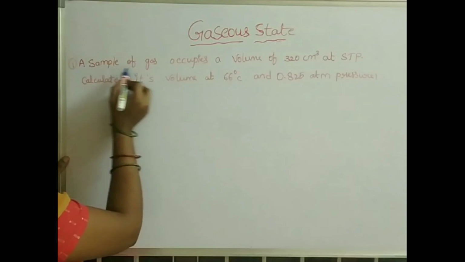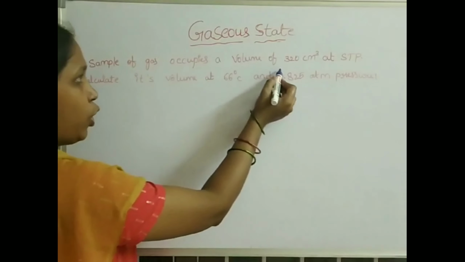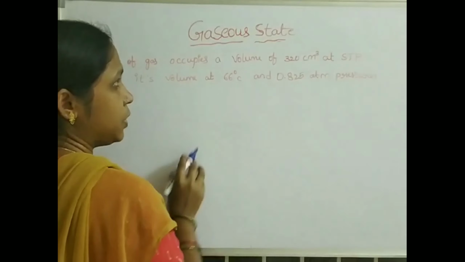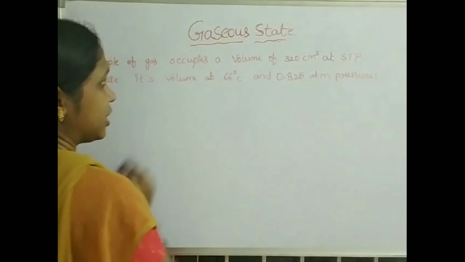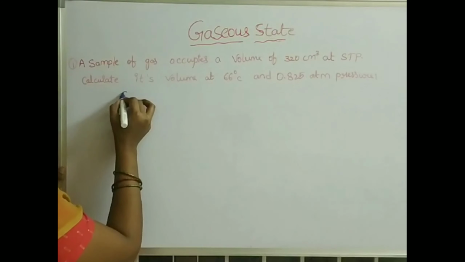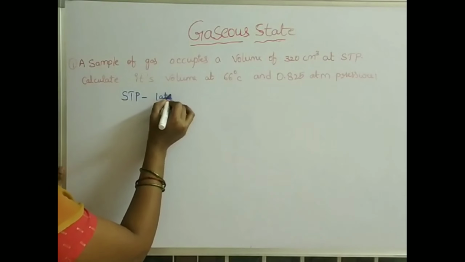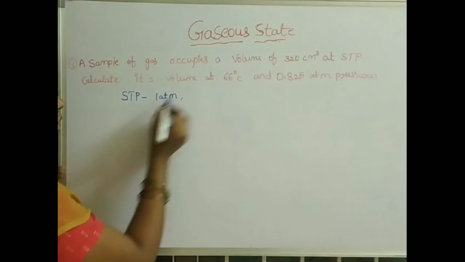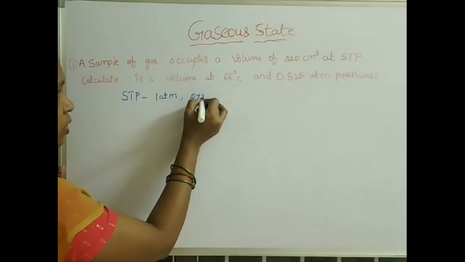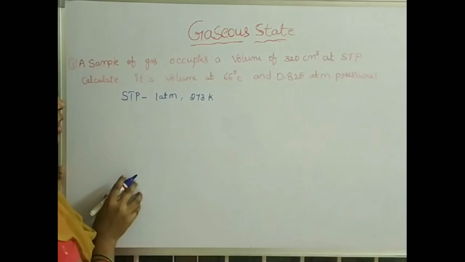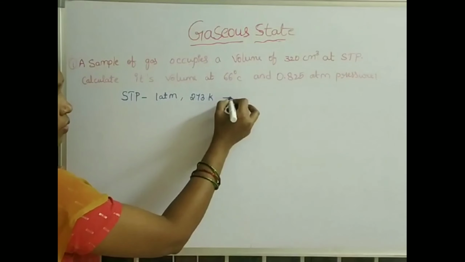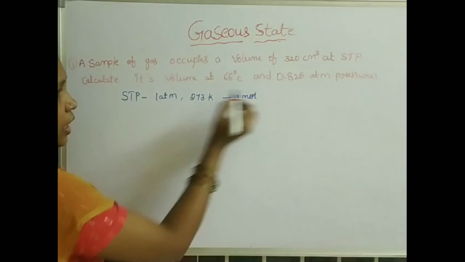Read the question. A sample of gas occupies a volume of 320 cm³ at STP. STP means 1 atmosphere pressure and temperature 273 Kelvin per 1 mole of a gas.